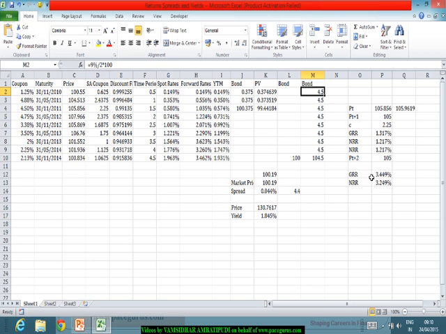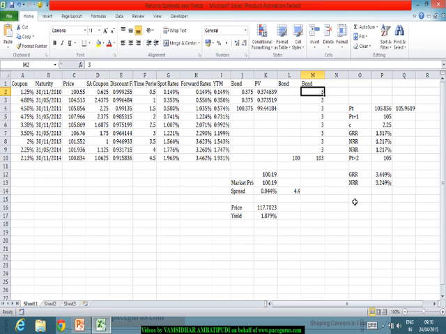And now here you look at, if the bond is paying a coupon of 6%, then the yield is 1.879%.